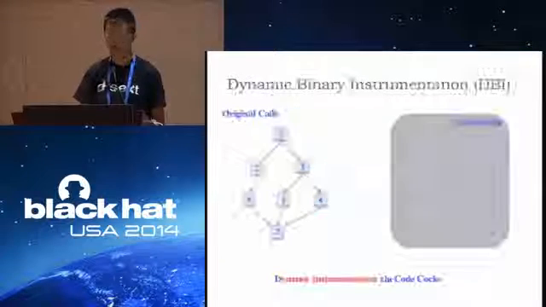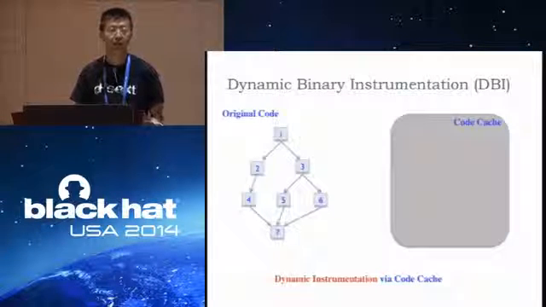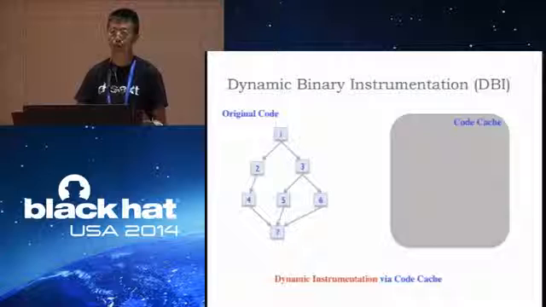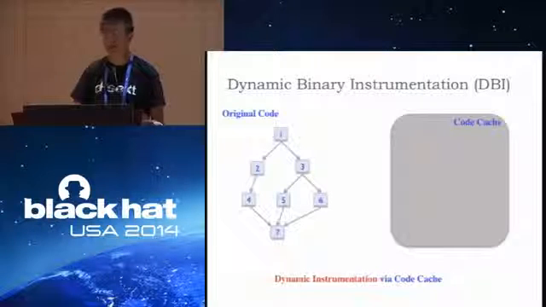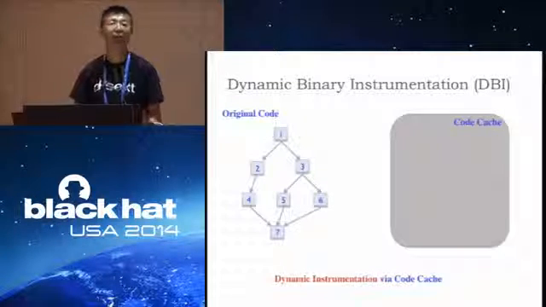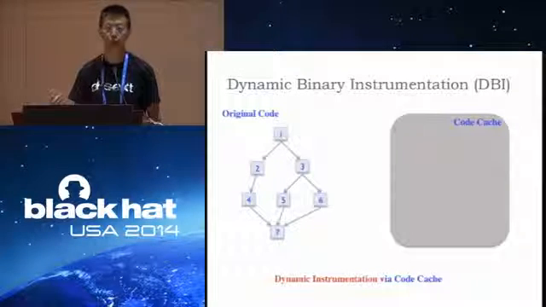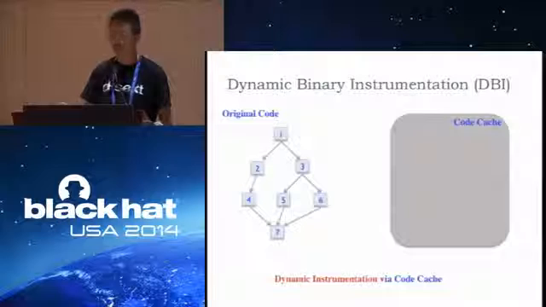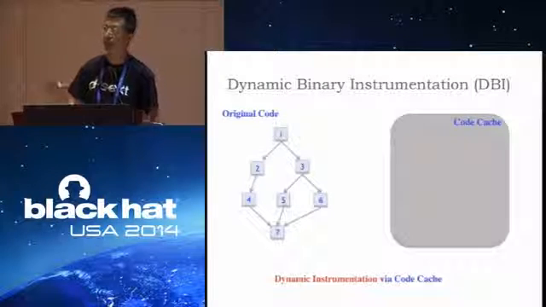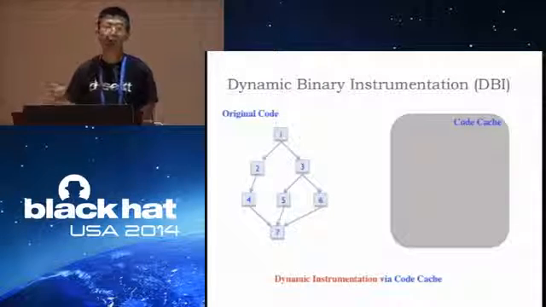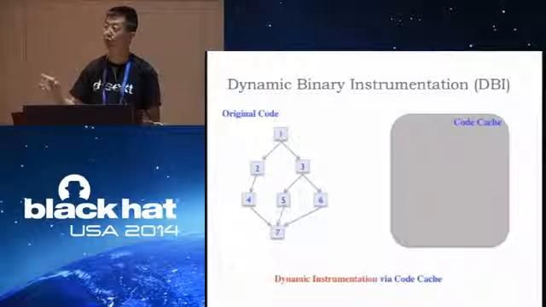How does this magic work? The way all these popular tools work is a scheme called the code cache. Instead of loading the binary file into the execution path and running it directly, you copy the code into a piece of memory called the code cache, and all the execution and modification is done there.